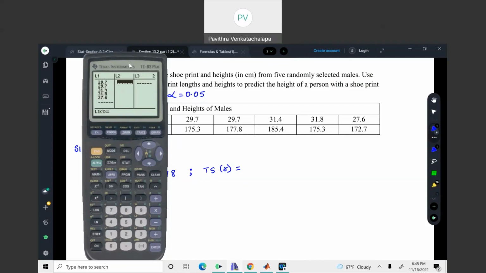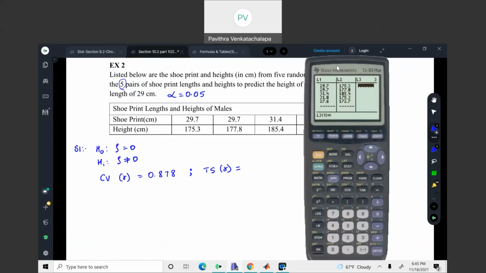Next is L2: 175.3, 177.8, 185.4, 175.3, 172.7. After you enter L1 and L2, go back to stat and then test.